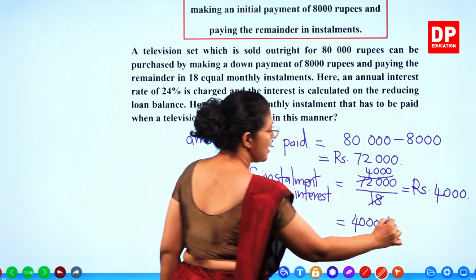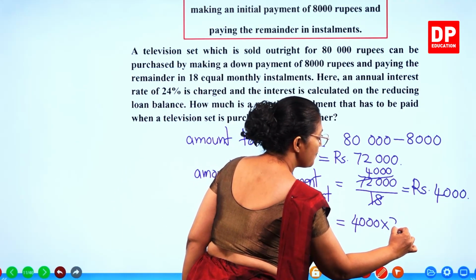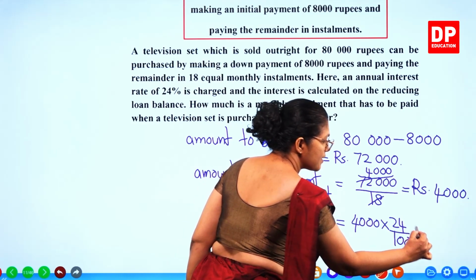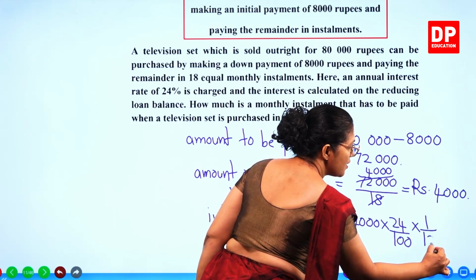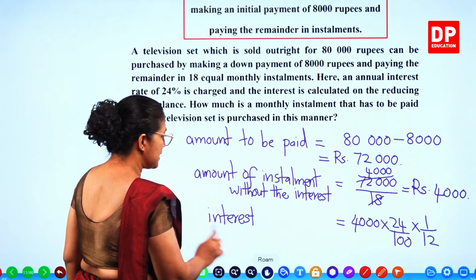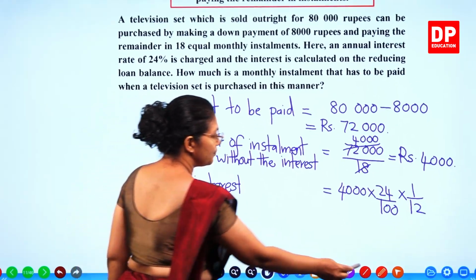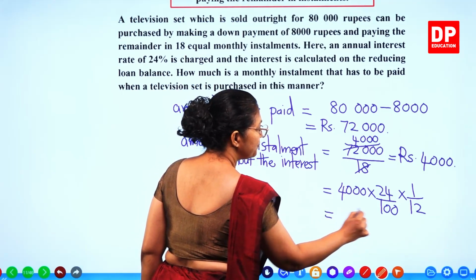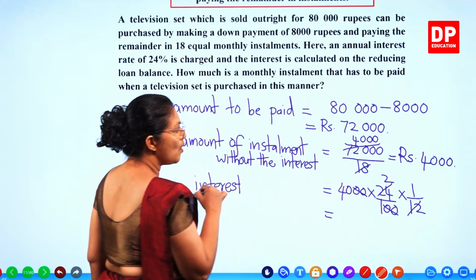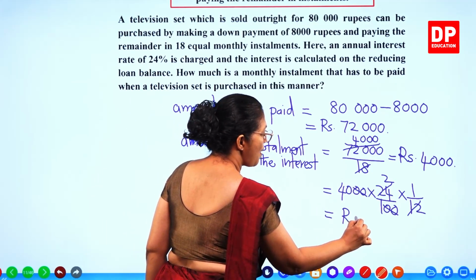So you have to take 24%, but you have to divide by 12 because this is the annual interest. To get monthly interest, you have to divide this by 12. So what's the interest per month? 2 zeros get cancelled out. So 80 rupees per month.